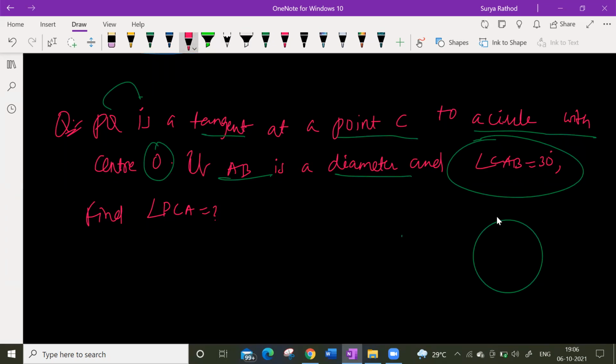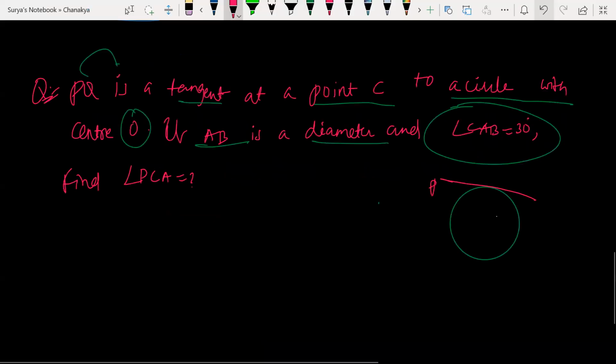Here PQ is a tangent. Take any tangent. PQ is a tangent at point C. This is a point. Circle with center O. AB is the diameter, nothing but this.